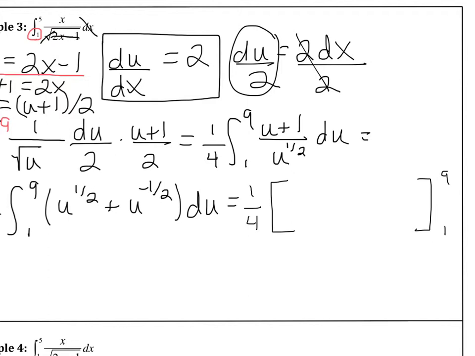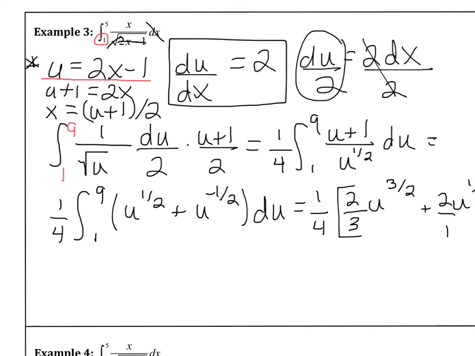And let's see, u to the 1/2 will undifferentiate to u to the 3/2 over 3/2, so times 2/3, plus u to the negative 1/2 will undifferentiate to u to the positive 1/2 over 1/2, so that's going to be times 2 over 1. And again, I'm going to distribute in the 1/4. You don't have to do this every time. I just find it's easier. I'm less likely to forget about stuff.